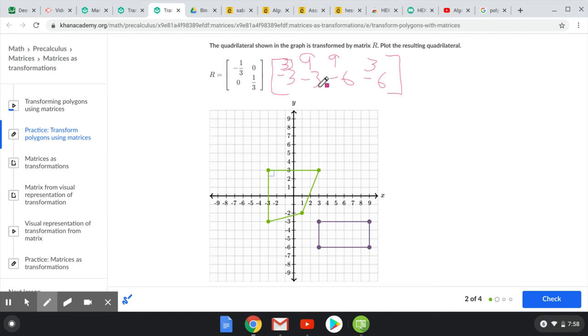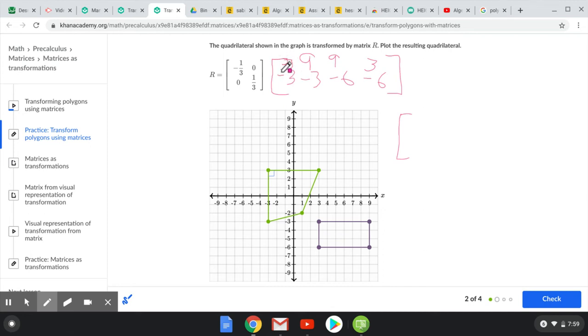Okay. So then I'm going to multiply my transformation matrix times my points that are the vertices of my rectangle. So to do that, we're going to multiply first row times first column. So I'm going to write my resultant matrix over here. So first row times first column, -1/3 times 3 is just -1. 0 times -3 is just 0.